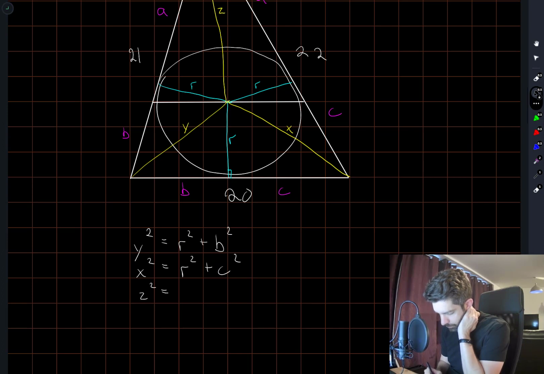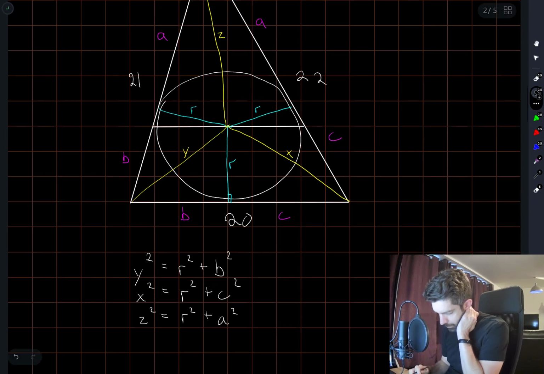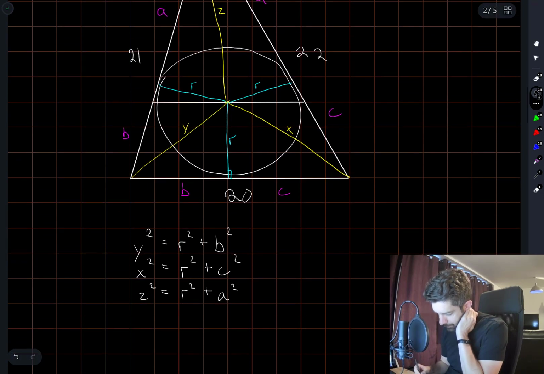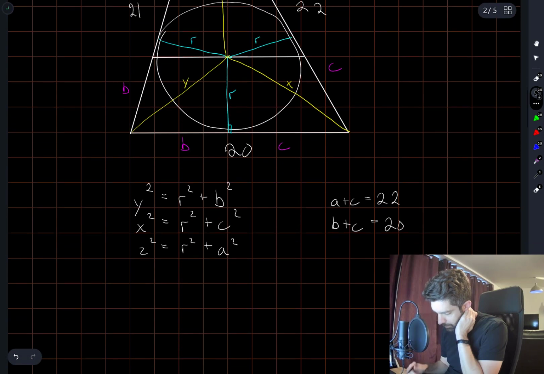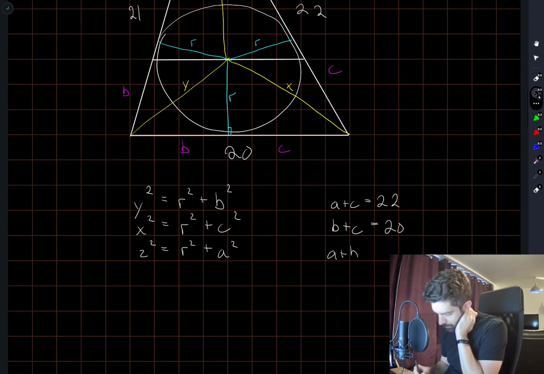And z squared is equal to r squared plus a squared. But we also have a plus c is equal to 22. B plus c is equal to 20. And a plus b is 21. Okay, so hopefully we can solve for a, b, and c in this system of equations here.